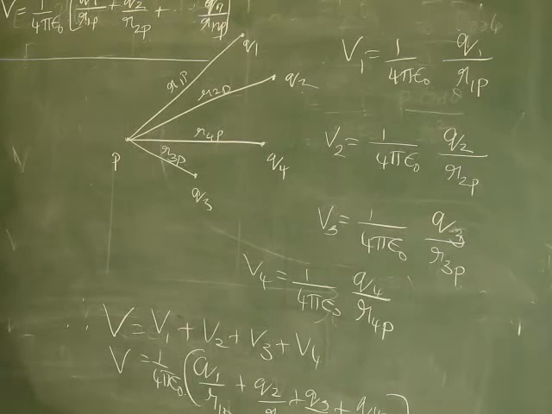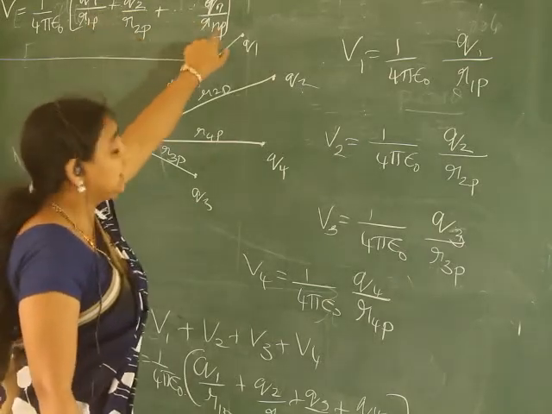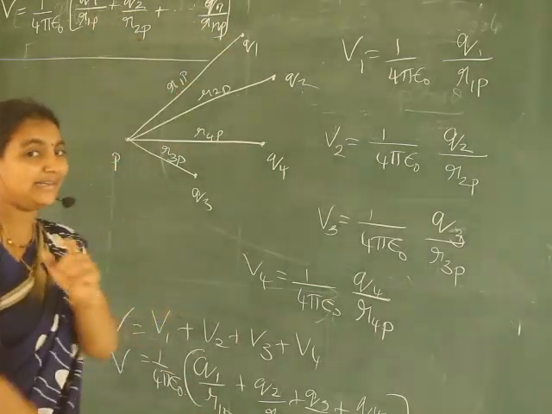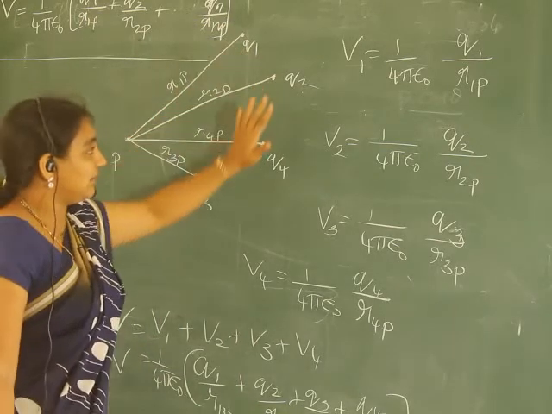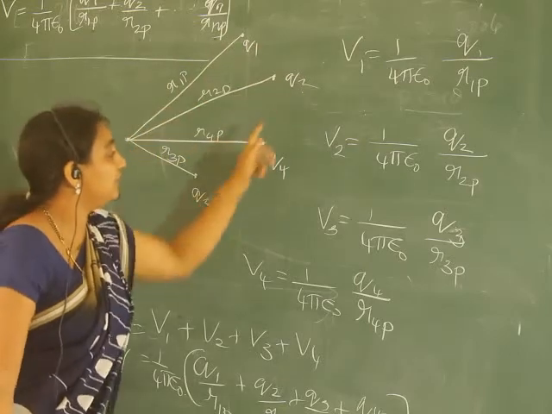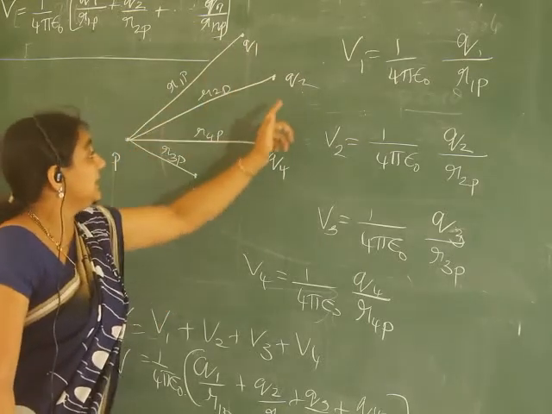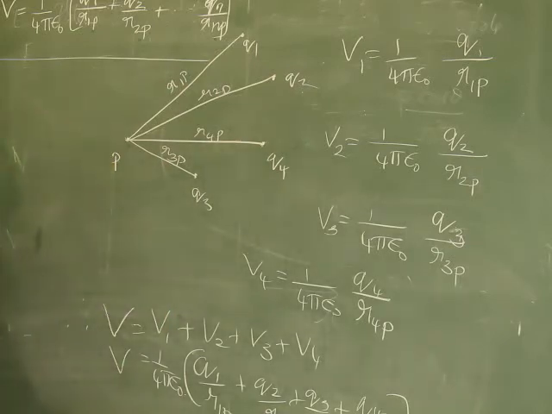So the electric potential at a point due to the system of charges is equal to the algebraic sum of the electric potential due to each charge, taken one at a time. Understood? So due to the system of charges, the potential at a point is nothing but the algebraic sum of the potential due to each charge taken one at a time.